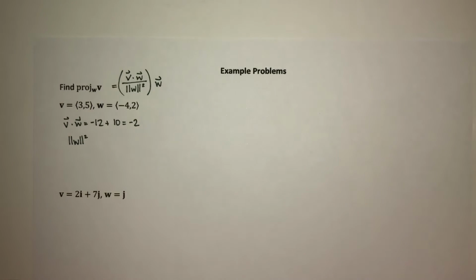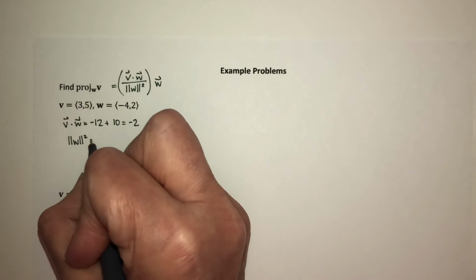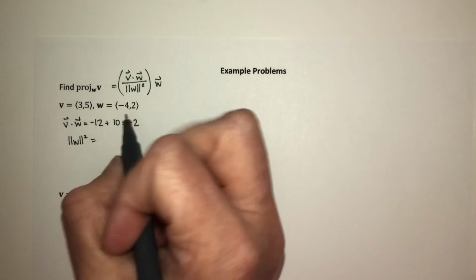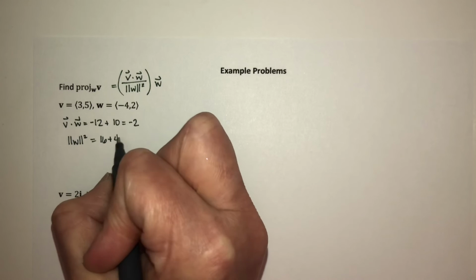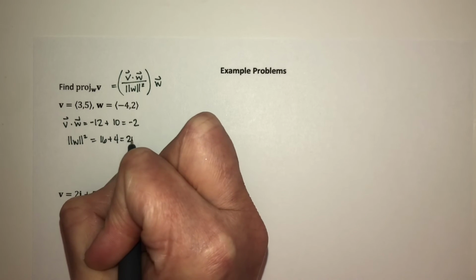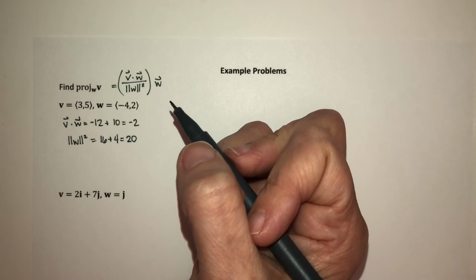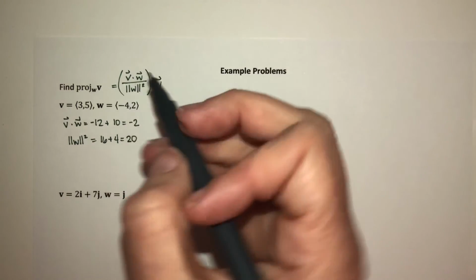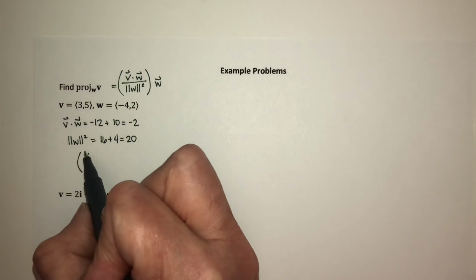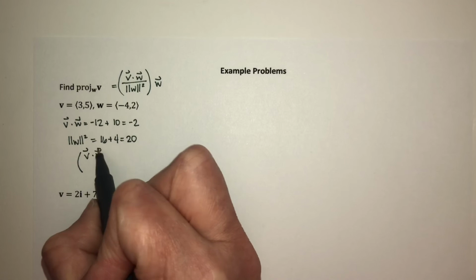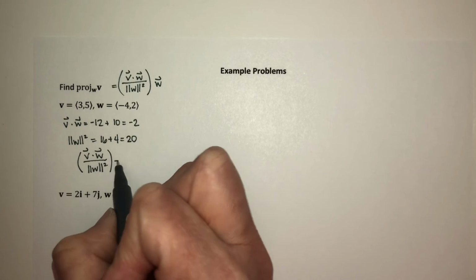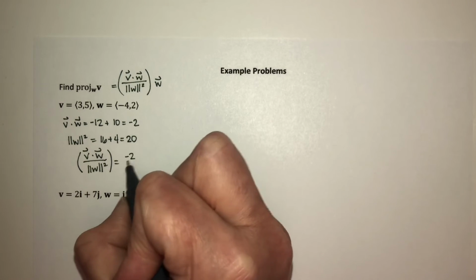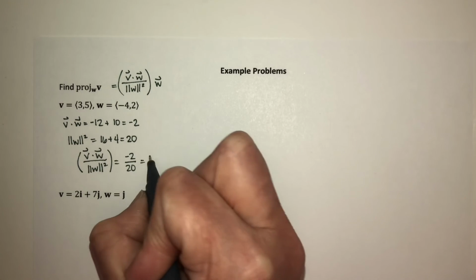The magnitude of w squared is just the magnitude, but leaving off the square root. So it will be -4 squared, which is 16, plus 2 squared, which is 4. So that is 20. And this set of parentheses, v dot w over the magnitude of w squared, is -2 over 20, which is -1/10.